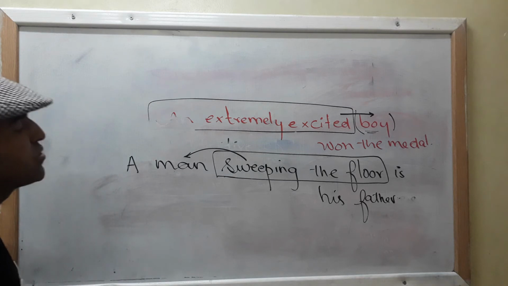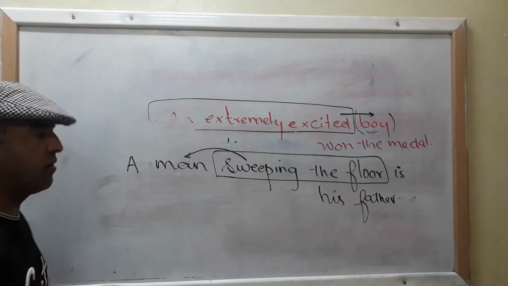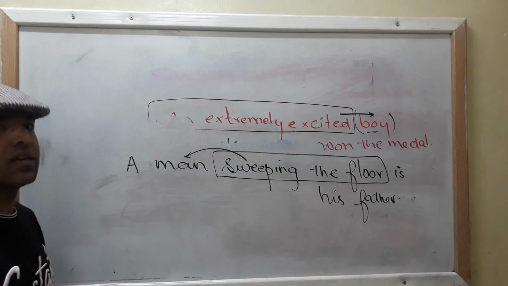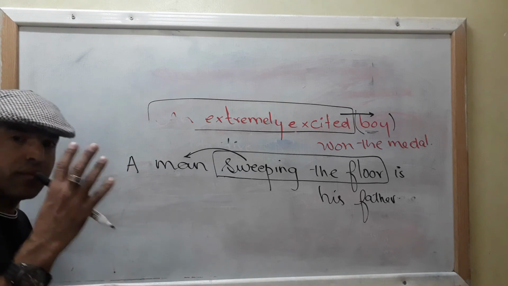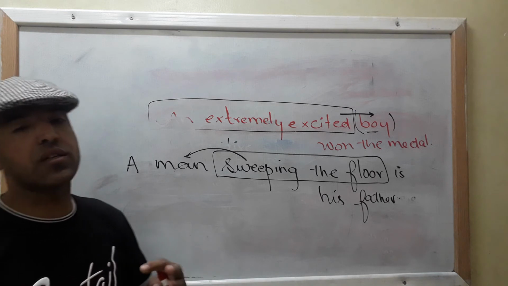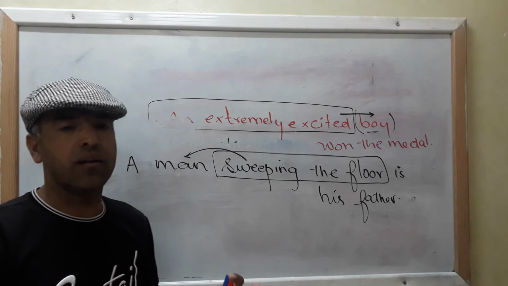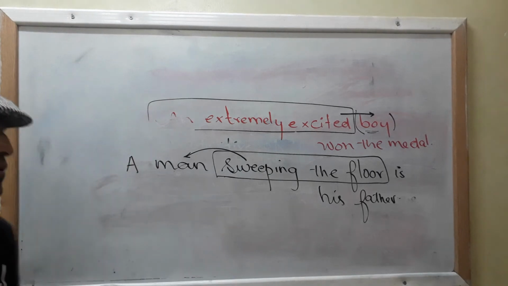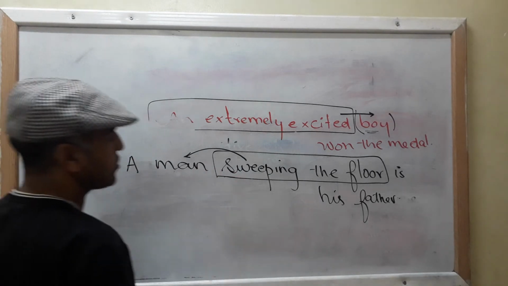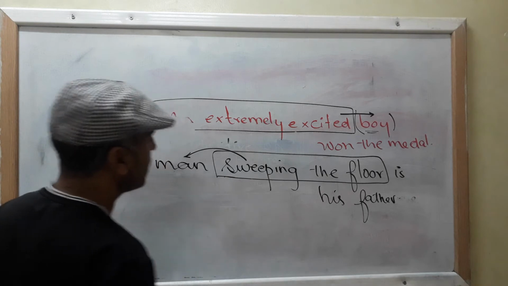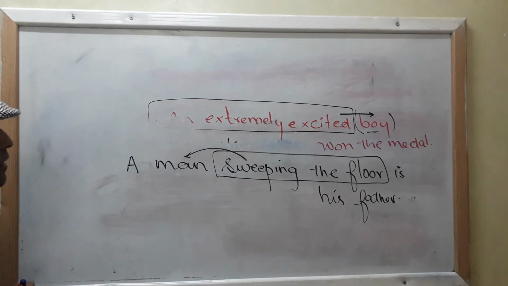Sometimes, and I'm going to discuss this later, an adjective phrase doesn't have an adjective in it. What happens then? Your adjective phrase starts with an infinitive, or your adjective phrase starts with a participle. We are going to talk about it later in a short period.